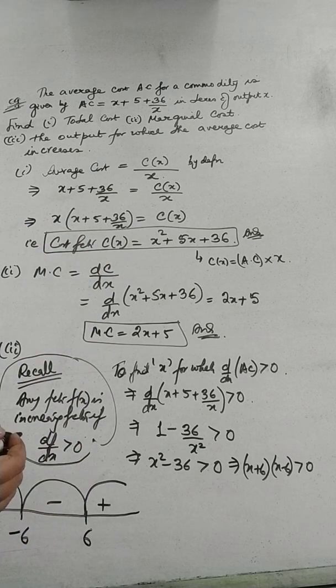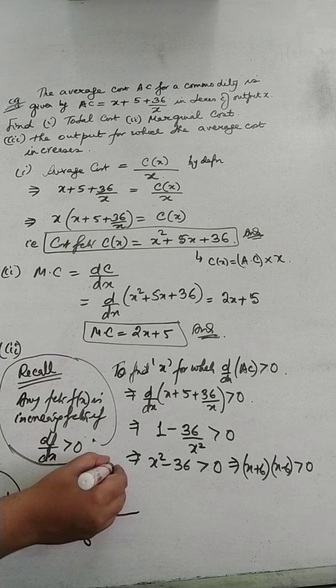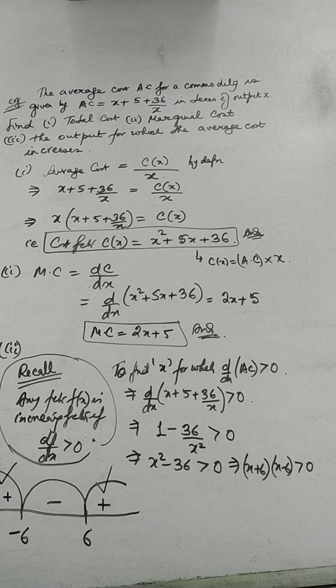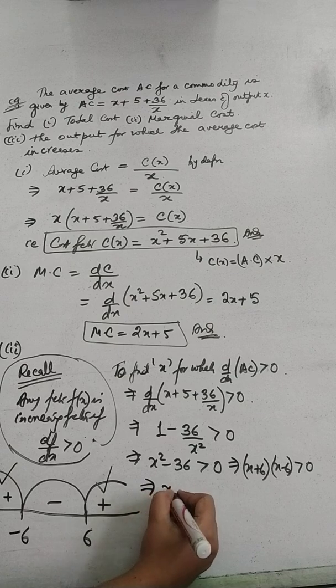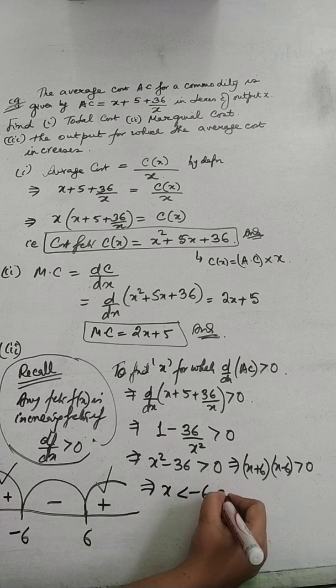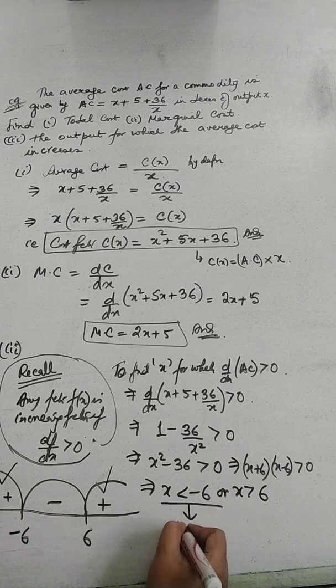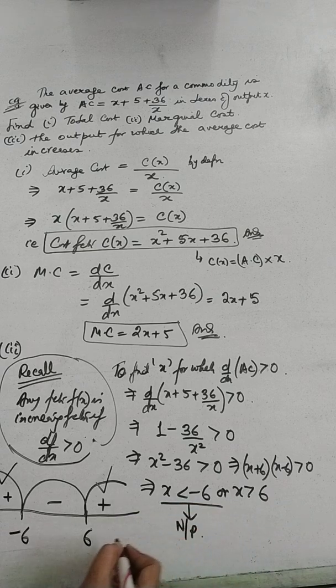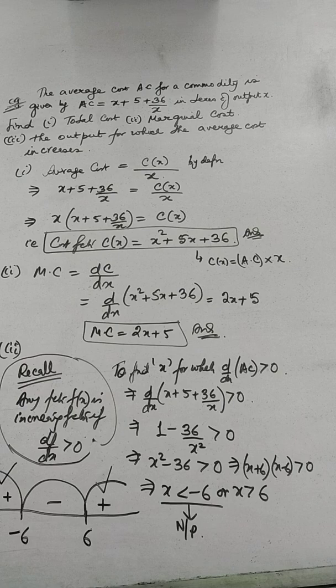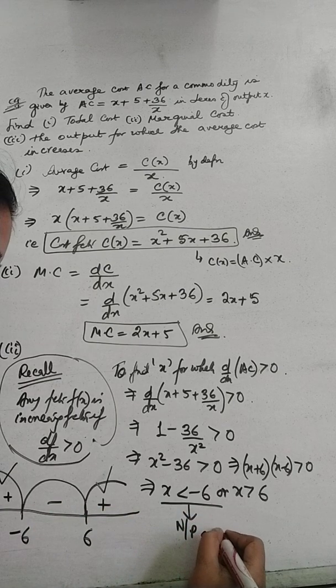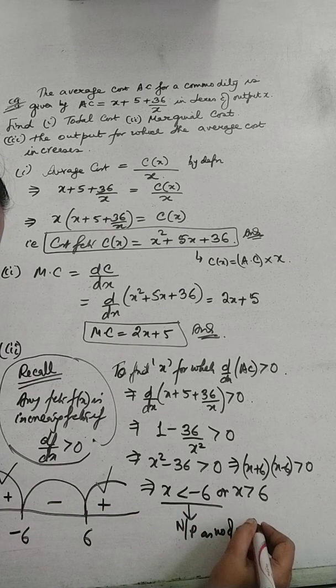The region where the product is positive. So these are the regions where the product is positive. So you will write the solution as x is less than minus 6 or x is greater than 6, out of which this is not possible. Why? Because number of units cannot be negative. I'll write that, not possible as number of units.